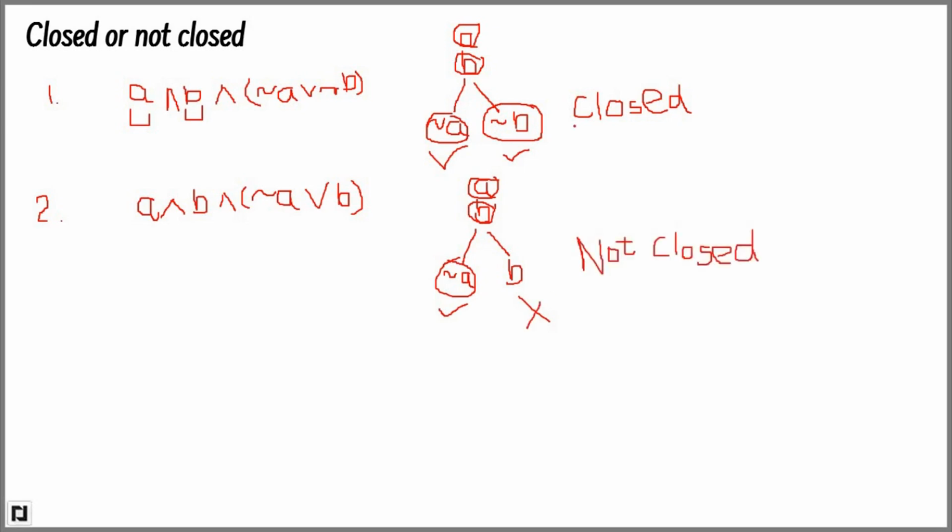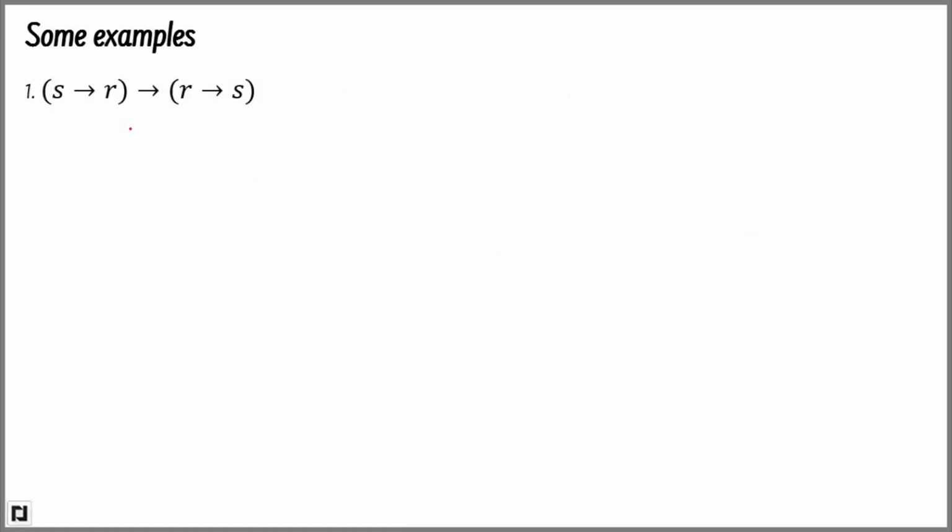So if a tree is closed, the given proposition is a tautology, and if the tree is not closed, the given compound proposition is not a tautology. Now here we have a question: (P implies Q) implies R, whole implies (R implies S). We have to find if this composite proposition is a tautology or not. According to the tree method, first we take the negation of our whole question.